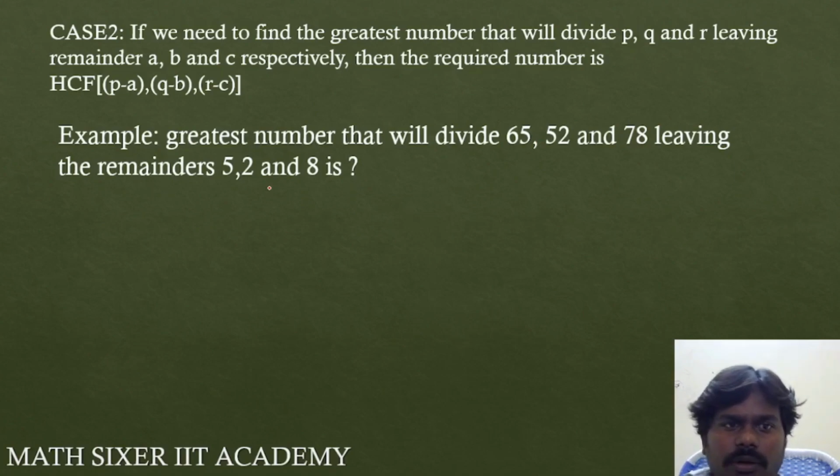First we have to subtract the remainders from the numbers. 65 minus 5 is 60, 52 minus 2 is 50, and 78 minus 8 is 70. Now find the prime factors: 60 is 2 into 3 into 10, 50 is 2 into 25, which can be written as 5 square, and 70 is 7 into 10.